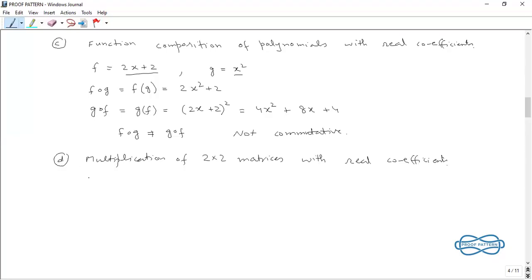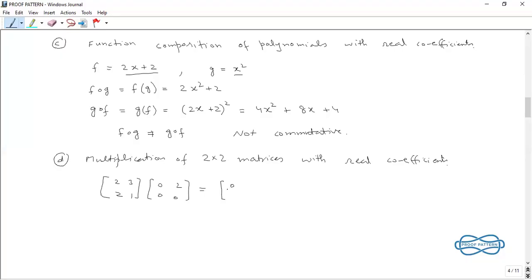We have to check. We take two matrices, for example, 2, 3, 2 and 1, and the other matrix is 0, 2, 0, 0. If we multiply this, what do we get?